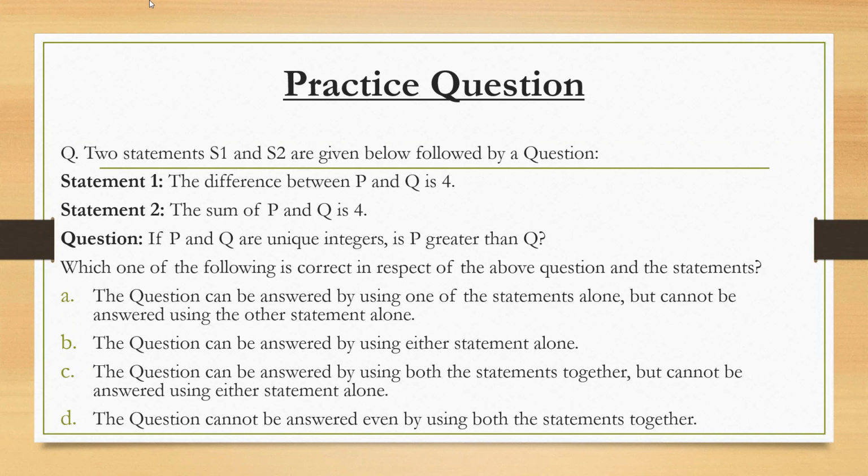All right. See here. You tell me one thing, everyone. The difference between P and Q is 4. Okay, so what will be the expression? P minus Q is equal to 4. Is this correct? Statement 1 says the difference between P and Q is 4.